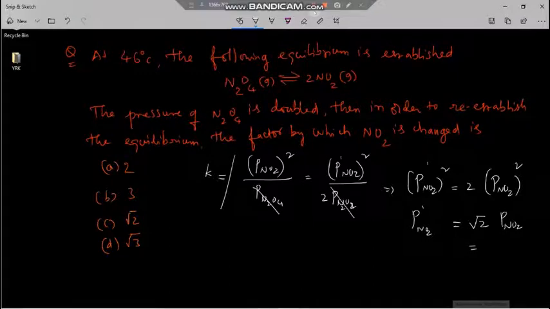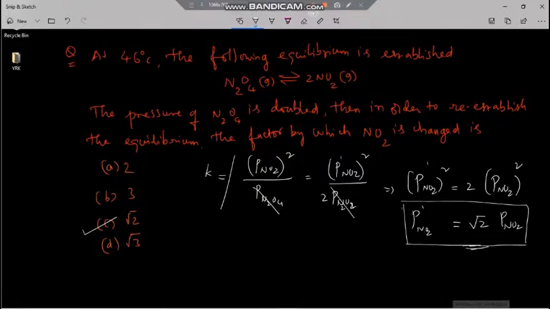That means the factor by which NO2 changed is root 2. C option is the right option for this question. To re-establish this equilibrium, the partial pressure of NO2 should be root 2 times the initial partial pressure at equilibrium.